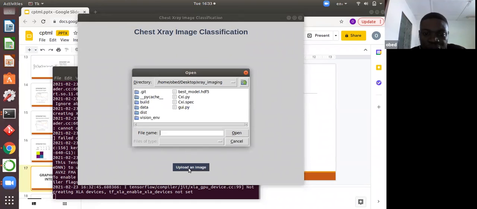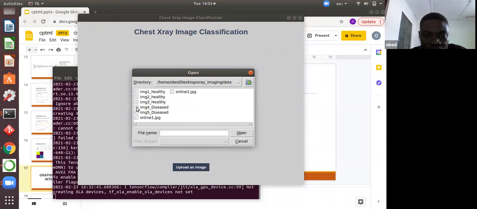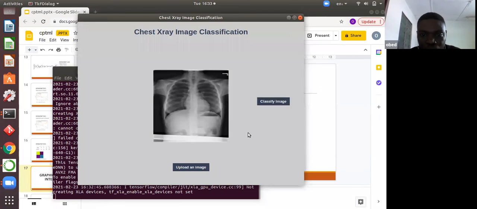So you click an image. For the purpose of the presentation, I just got a few images online, right? So I searched healthy X-ray image, and then I labeled it healthy and just did a double check with my user interface and with the back-end model, right?